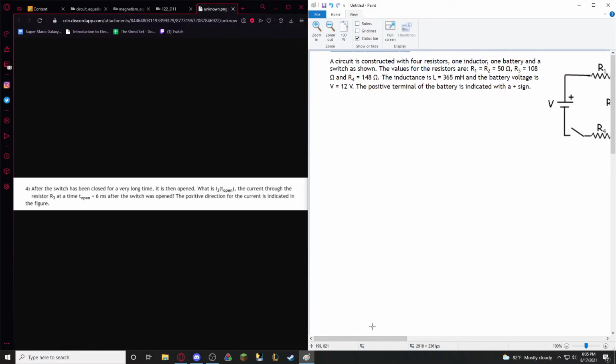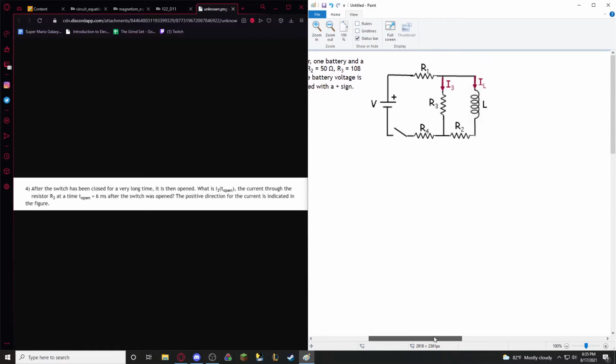So the circuit is constructed with the 4 resistors, 1 inductor, and battery, and then some numbers. We have a circuit with a bunch of resistors, and we have the inductor. After the switch has been closed for a very long time, it is then opened. What is going to happen to the current through the inductor?